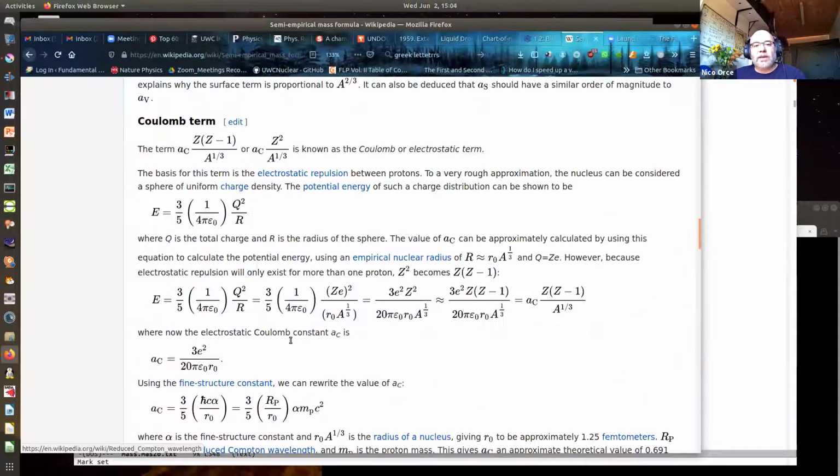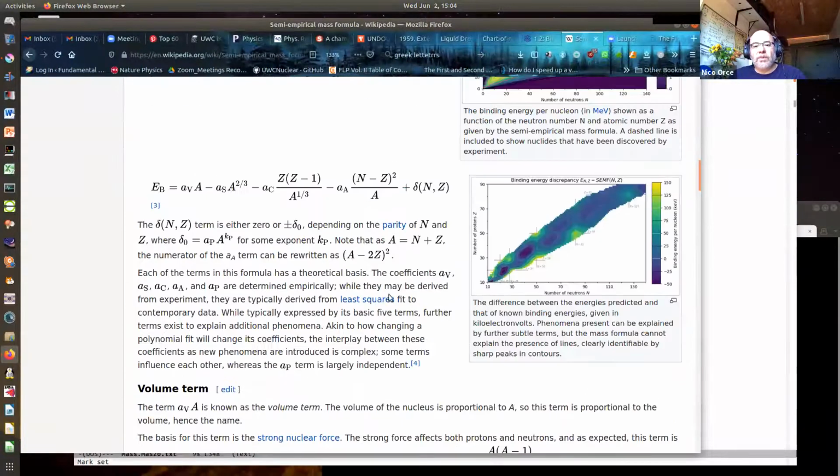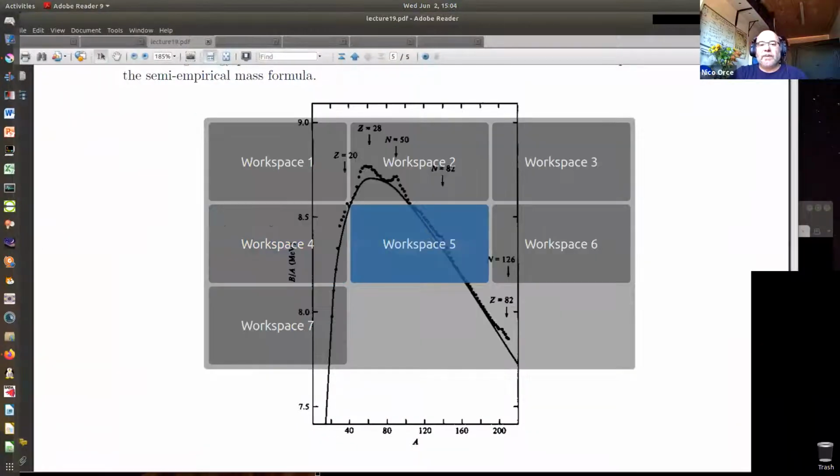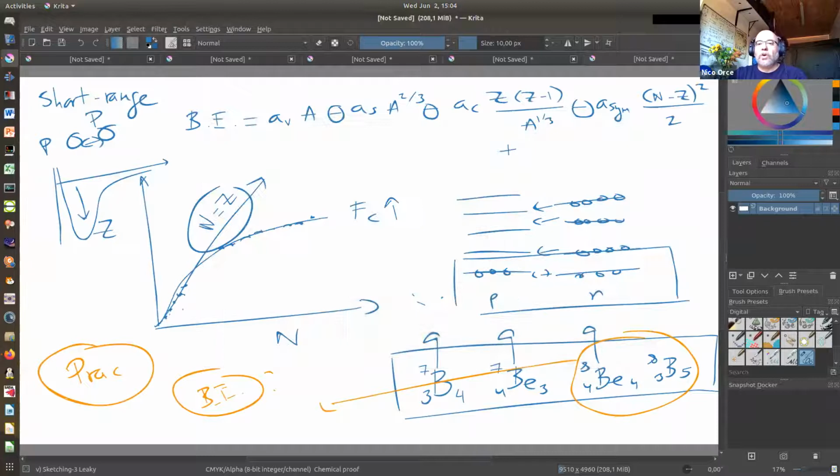And what is the equation? Here we go. This is another factor, delta, which depends on whether you have an odd nucleus or an even nucleus. To explain the difference between even and odd, you will see that even nuclei are more bound than odd.